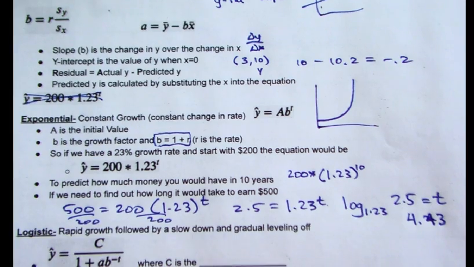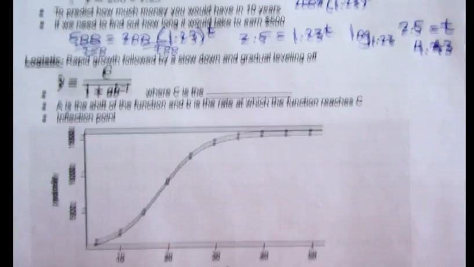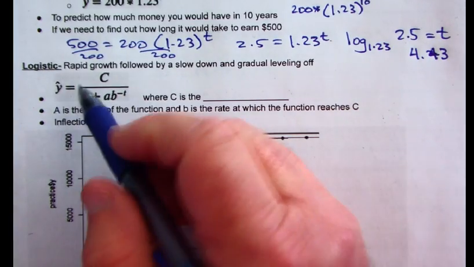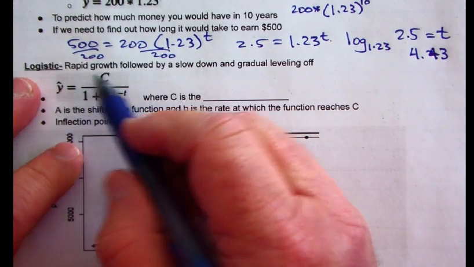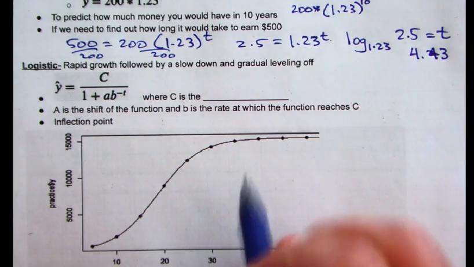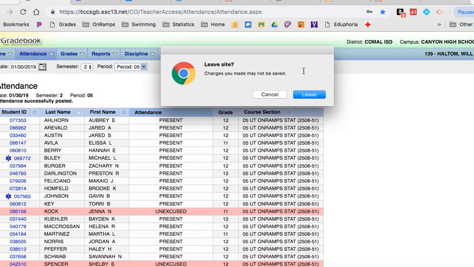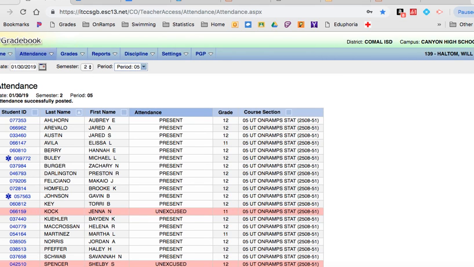And then the last function was the logistic model. And the logistic model had a rapid growth, followed by a slowdown and a gradual leveling off. And you can see that down here in the graph at the bottom.